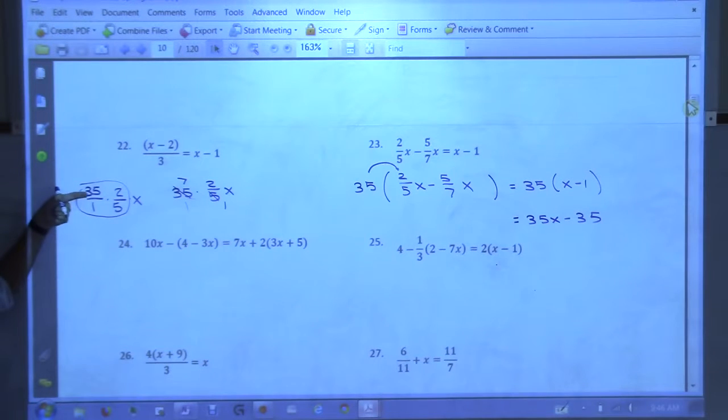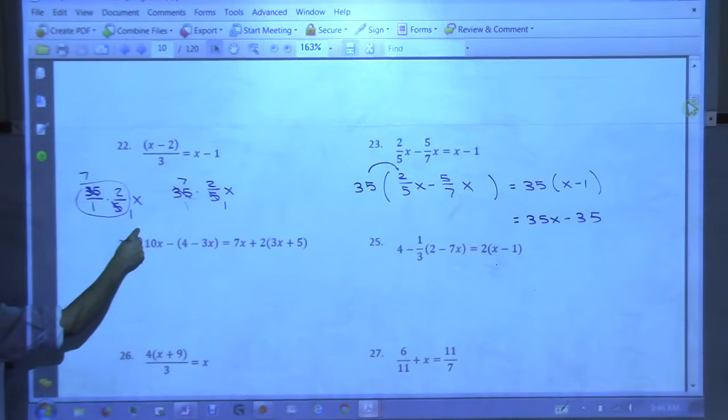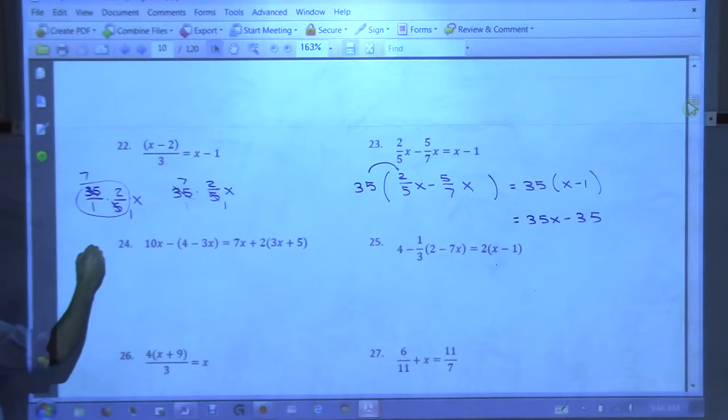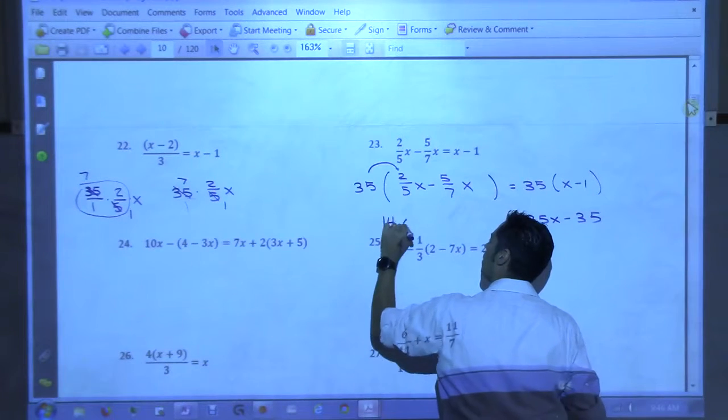You could go straight across and do 70 over 5, but then you'd have to reduce the fraction. So canceling is a little bit faster. 5 goes into 5 once, 5 goes into 35 7 times, now I'm doing 7 times 2 over 1 times 1, which is 14x. Understand? Okay? So this multiplication becomes 14x.